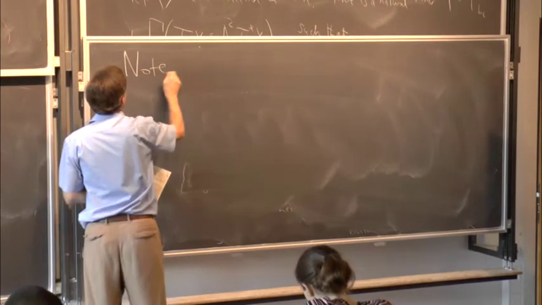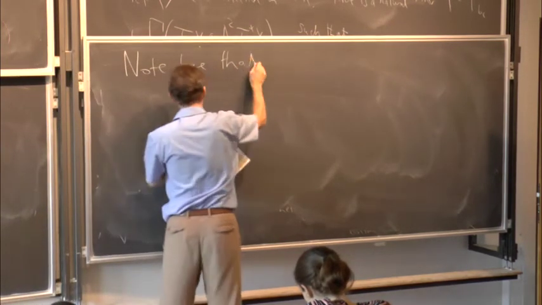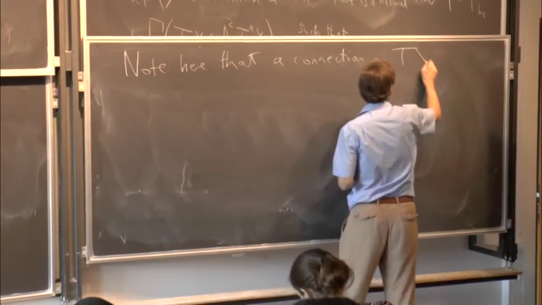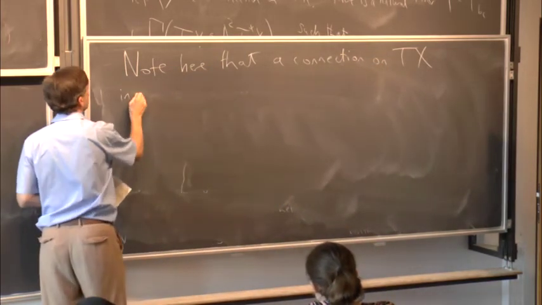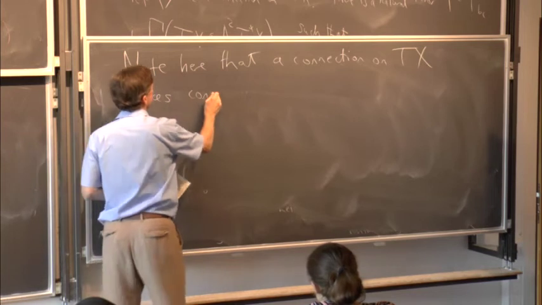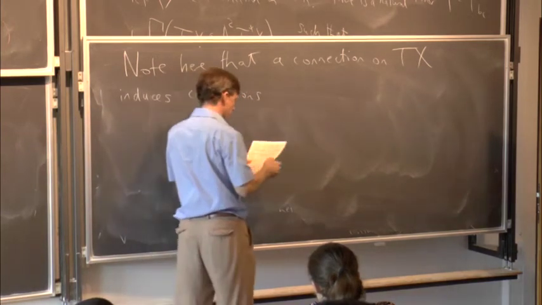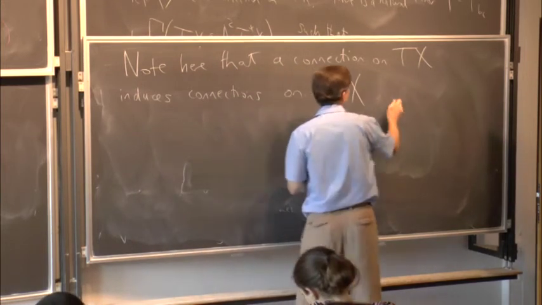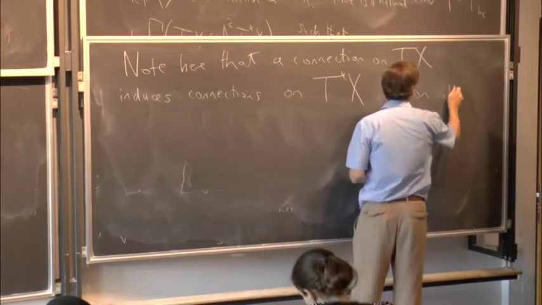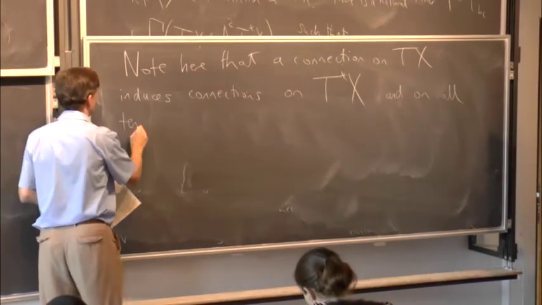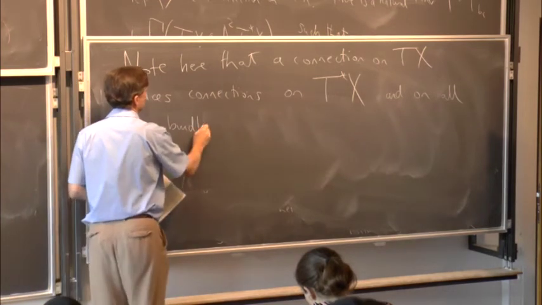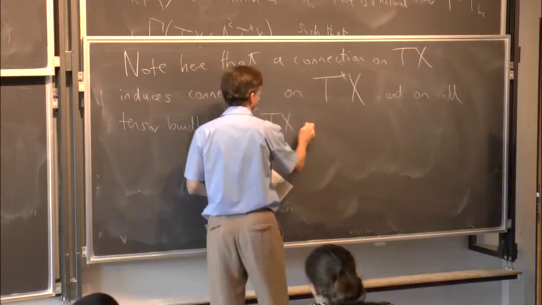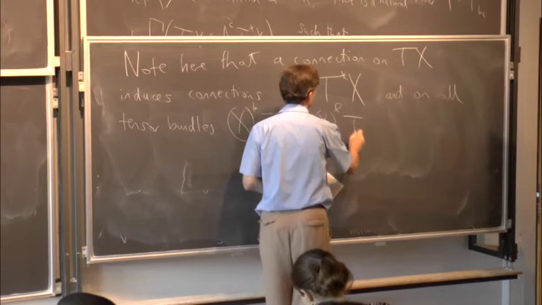So note here that a connection on the tangent bundle TX actually induces connections, firstly on the cotangent bundle T*X, and also on all tensor bundles, the k-fold tensor power of TX tensored with the l-fold tensor power of T*X.